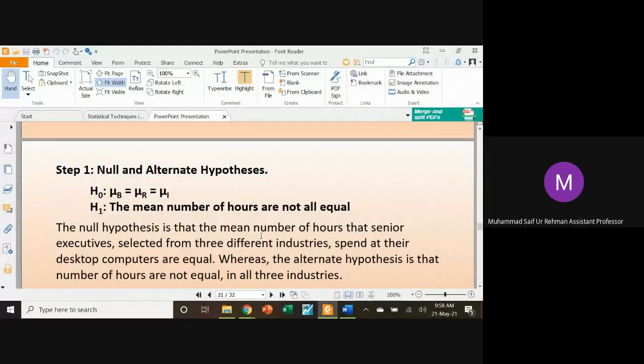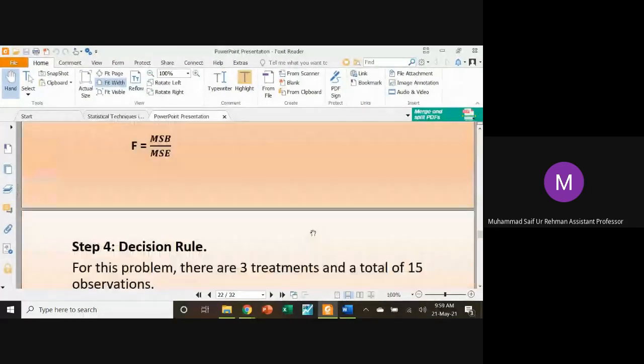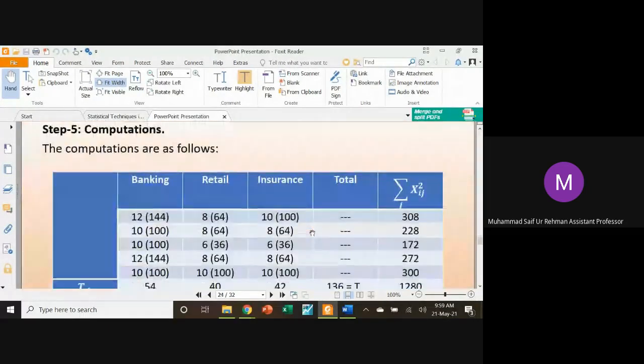So we will make different pairs, and we will check one by one. But up till now, we have learned how we would decide regarding the null hypothesis when there are three or more populations under consideration.